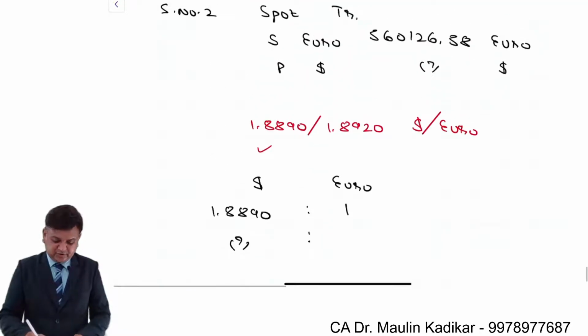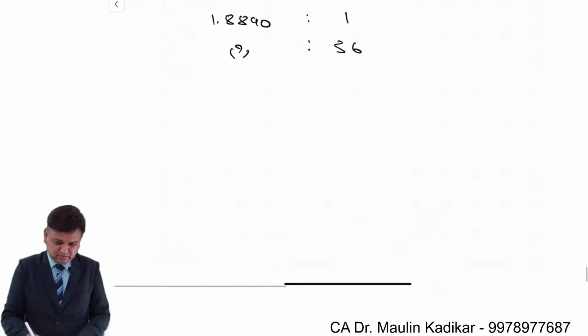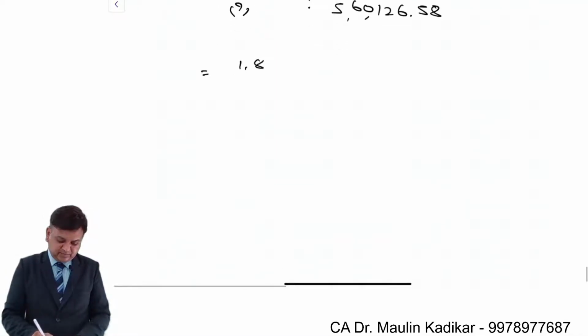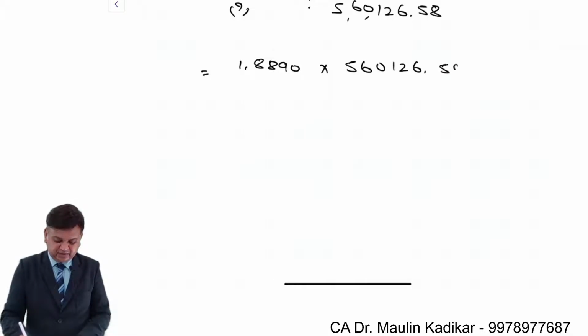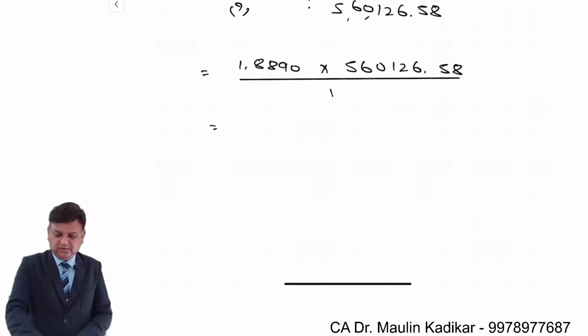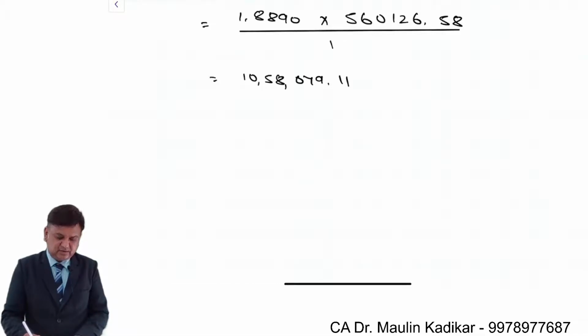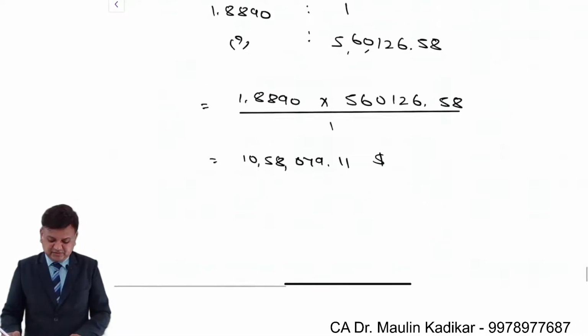So the amount of dollar that we will receive today is 1.8890 into 560,126.58. That comes to 10,58,079.11. This is the amount of dollar that we will receive today.